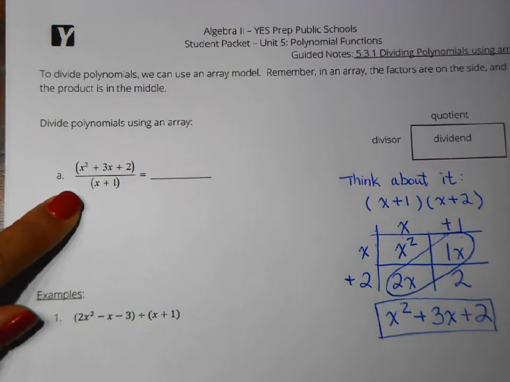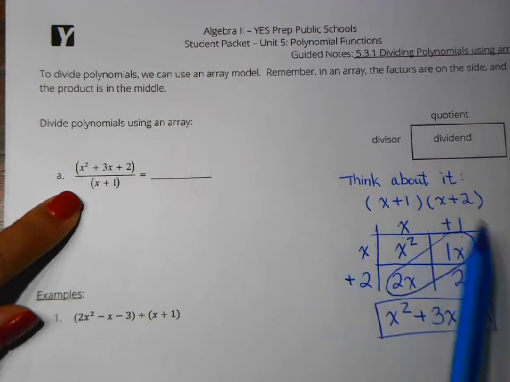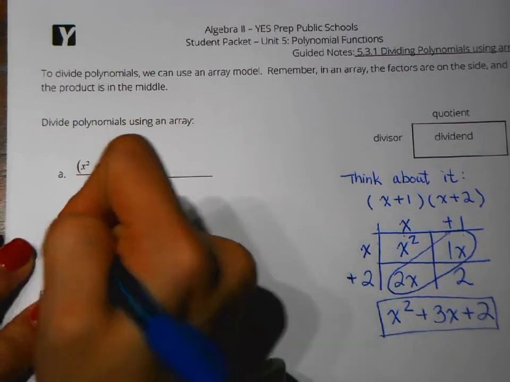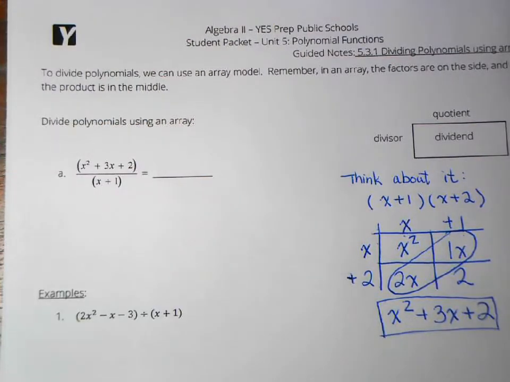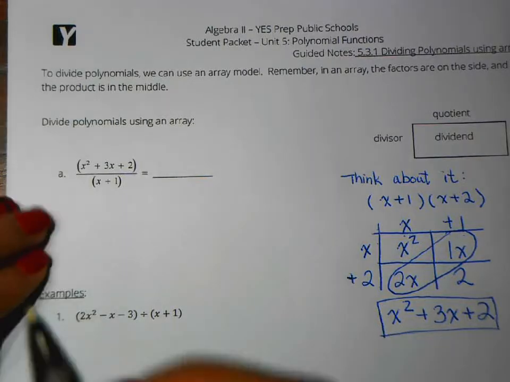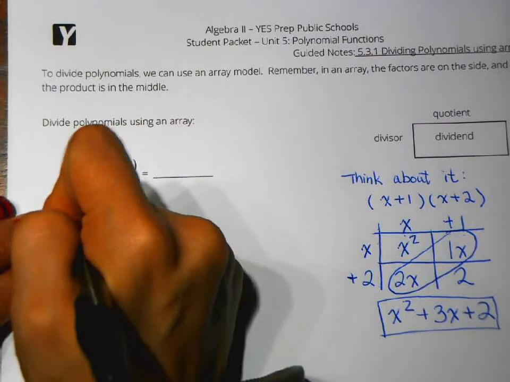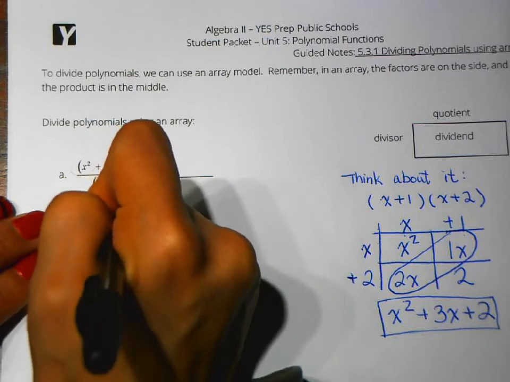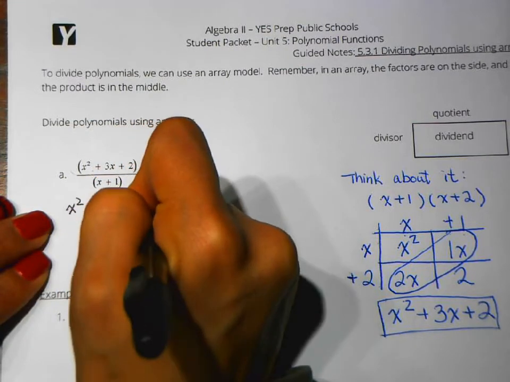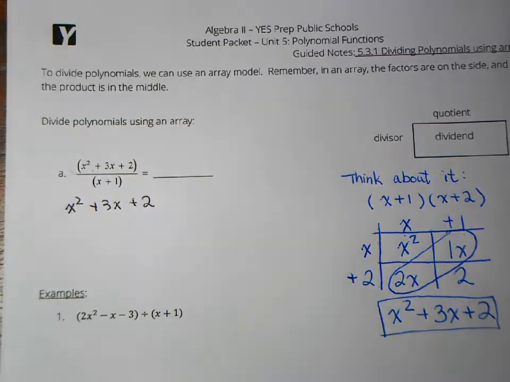Well, we're going to use the same idea, the box, the array model. First, I'm going to write down my dividend, what I started with, x squared plus 3x plus 2. We're going to refer back to that every single step.